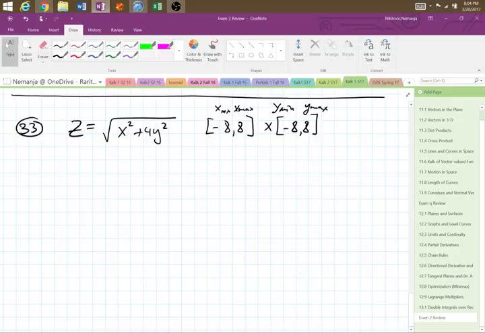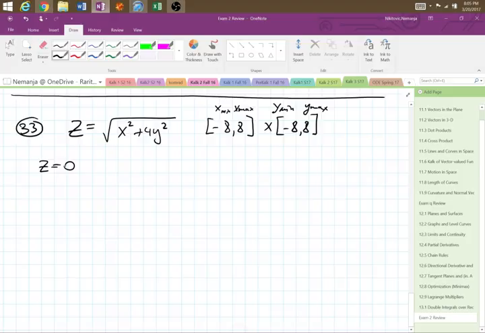So the question is, graph several level curves for the following functions. How do we do this? Well, obviously z equals 0.